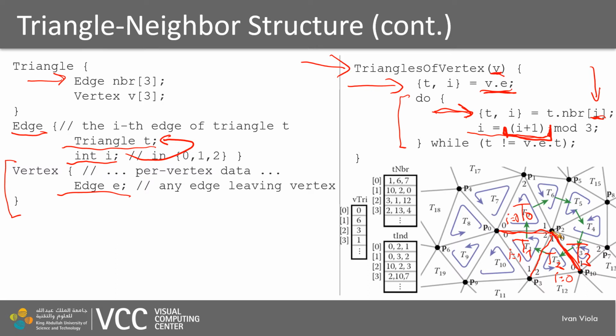And therefore we can again increase it. Here I equals 1, and the neighbor through this edge will be T6. Which edge is this?